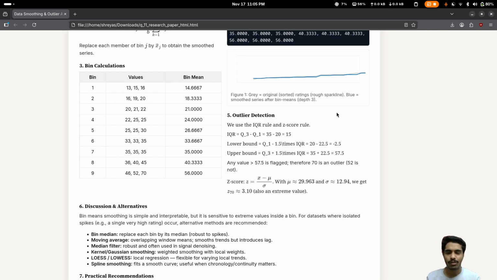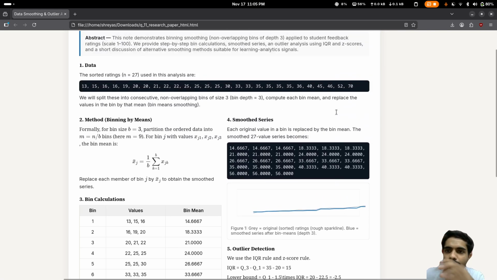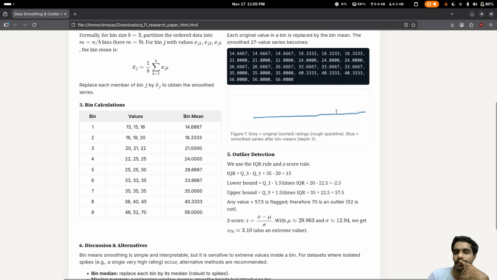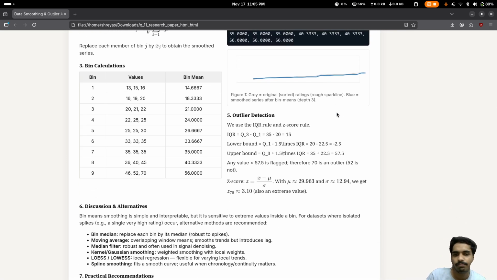We calculate the IQR using Q3 minus Q1, and eventually we get 15. We discussed all that in question 2, and we got the lower and upper bounds. We can clearly see the value 70, which is at the end of this data set, goes above the upper bound. So yes, it is an outlier.